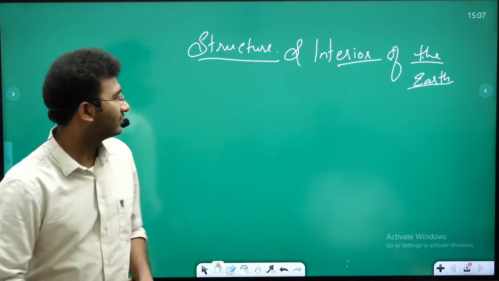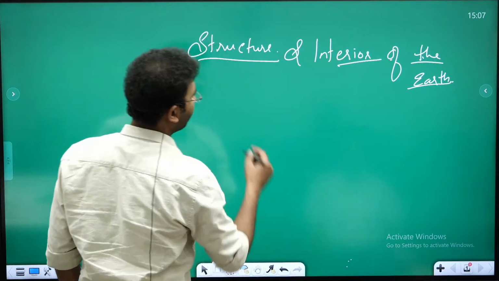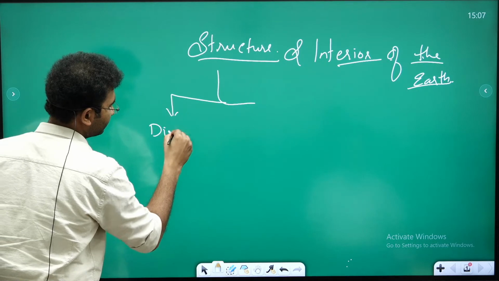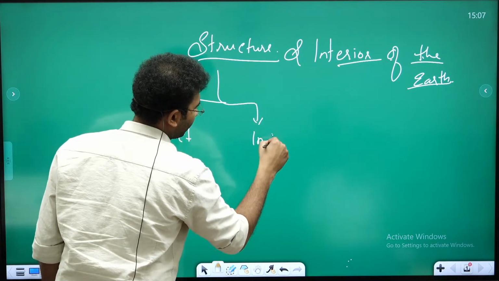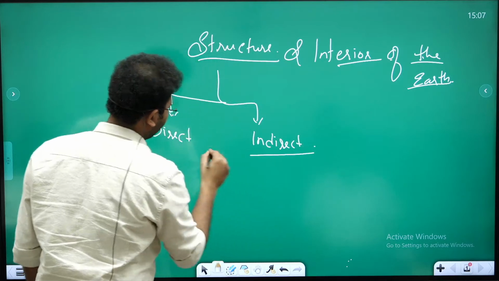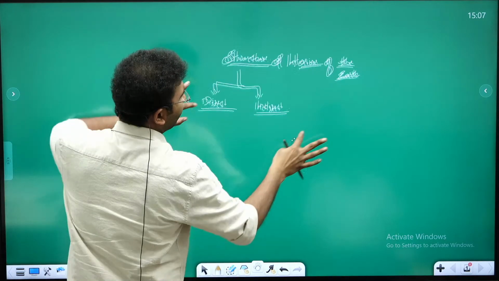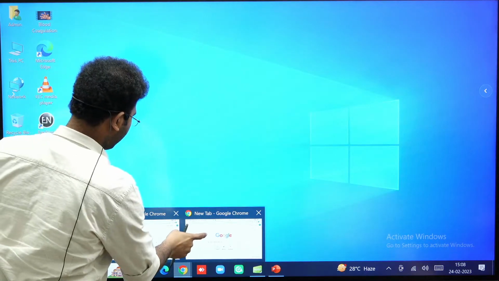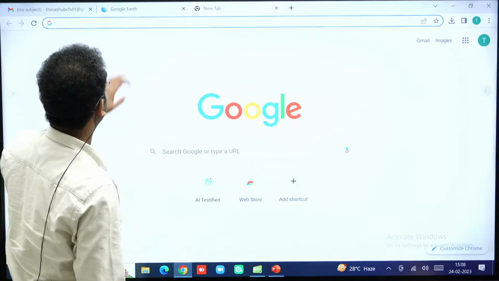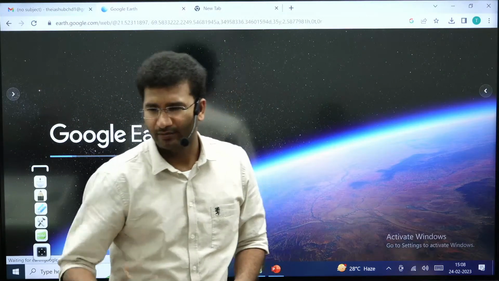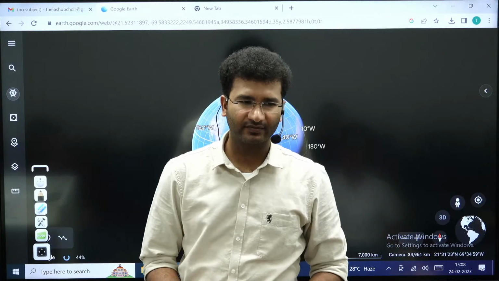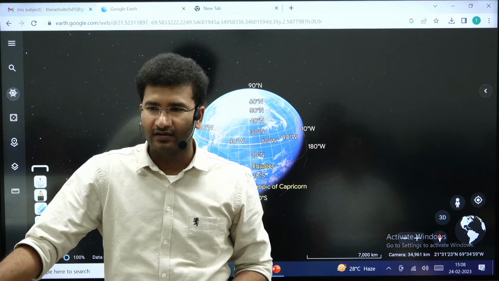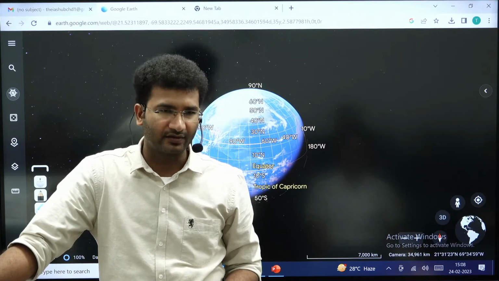You might have studied this. The sources of information about the structure of the interior of the earth can broadly be divided into direct sources and indirect sources. Direct sources are, suppose on the surface of the earth, if you keep on digging deep down, then you will get some material. These direct sources can be, one, mining the material, or the other, going deep down and drilling into the interior of the earth, as well as volcanic material whenever you get it.